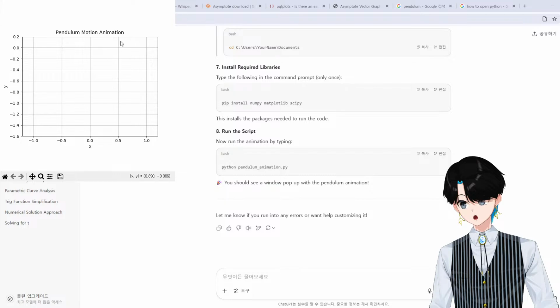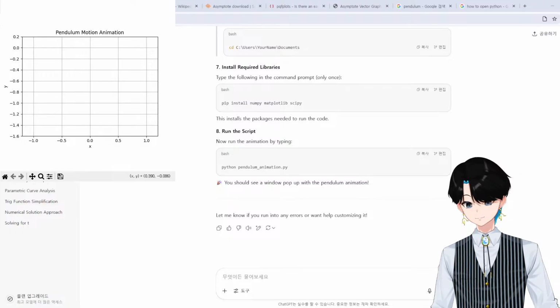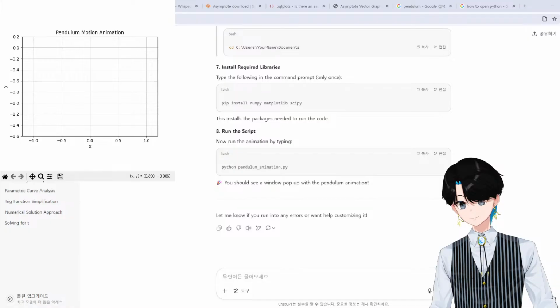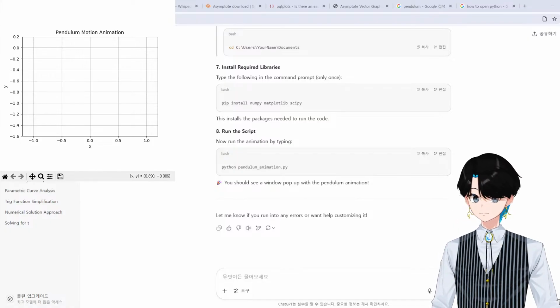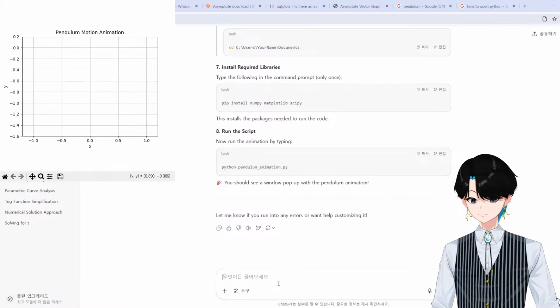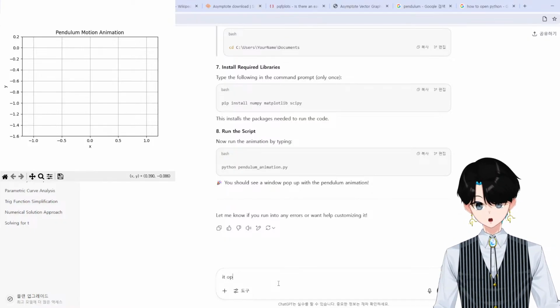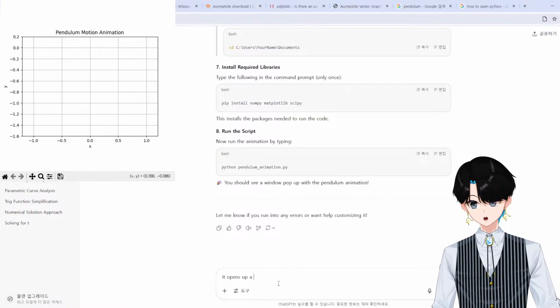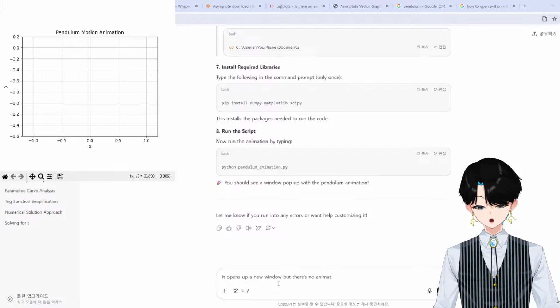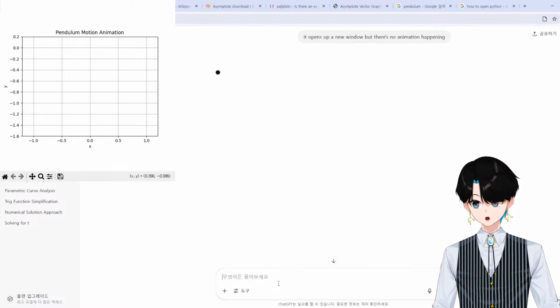Configure subplots. Left, bottom, right, top, double space. Interesting. It opens up a new window, but there's no animation happening.